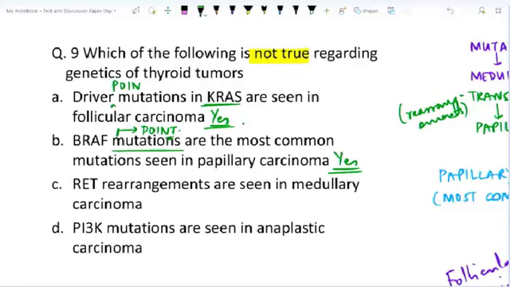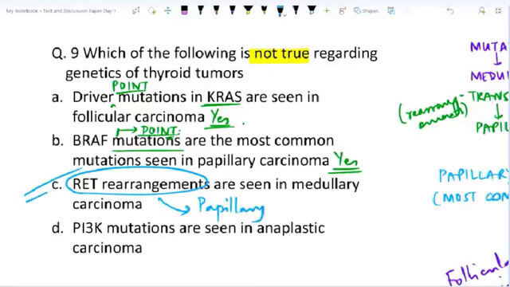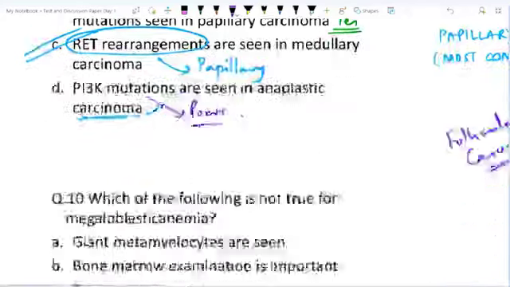RET rearrangements are seen in medullary. Is that true? RET rearrangements are seen in papillary, not medullary. So this is our answer. PI3K mutations are seen in anaplastic. Yes, this is true. What mutations are these? These are also point mutations. So I hope this question is clear now.